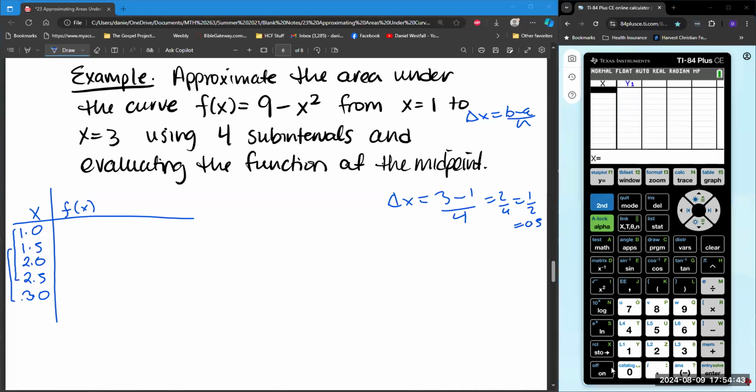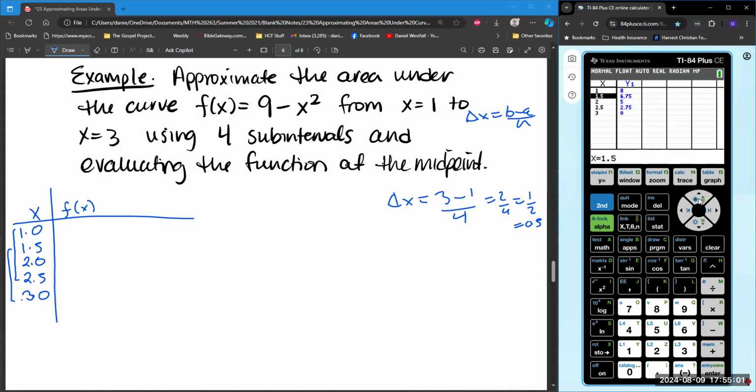Then I want to go ahead and figure out f at 1.0, 1.5, 2.0, 2.5, 3.0. I'm going to use these later.